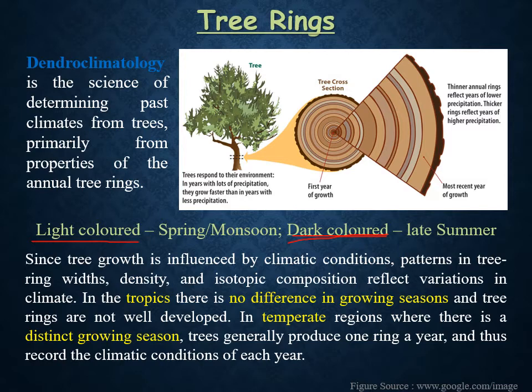During spring and monsoon time, when there is lots of rainfall, lots of weathering and erosion happen in the upland area, so a lot of fresh nutrient supply reaches the tree. So the tree gets more and more available nutrients around itself. During the spring and monsoon time, growth is easy and favored, and during that time a tree forms a light colored band.